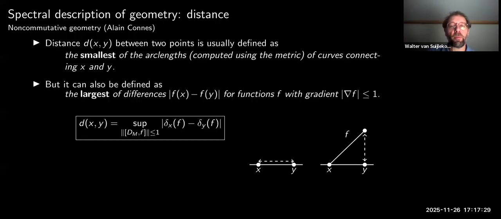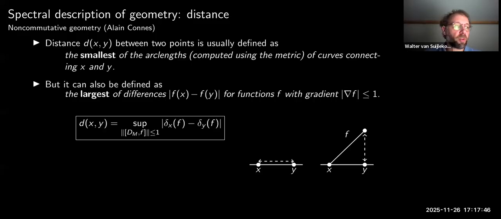And then evaluation states at x and at y, and you take their difference. And the gradient is governed by a very nice device called the Dirac operator, which exists on some manifolds.